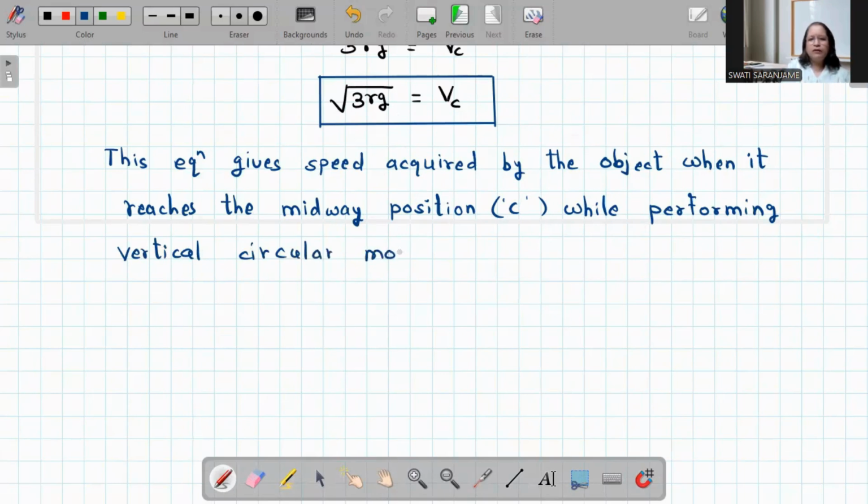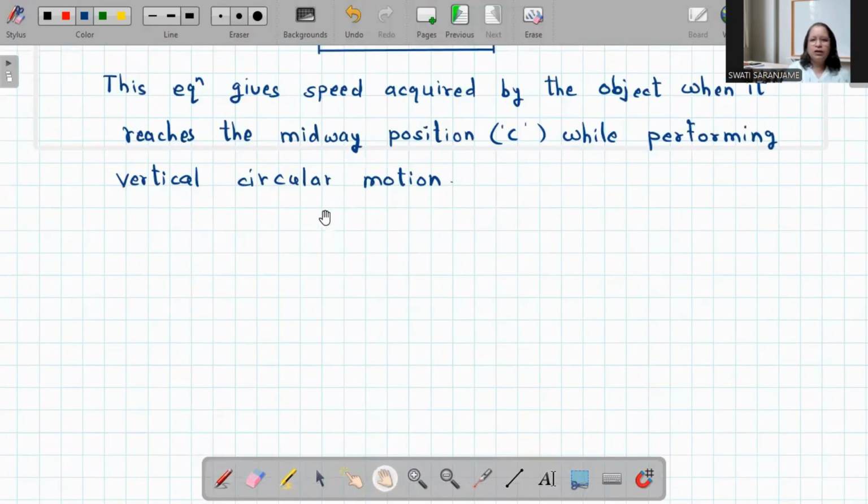So today we have seen how we can derive the expressions for speeds at three different positions: the uppermost or highest position, the lowermost or bottom position, and the midway position. So let's summarize that once again. Finally, at this statement our answer for the given derivation is ending.